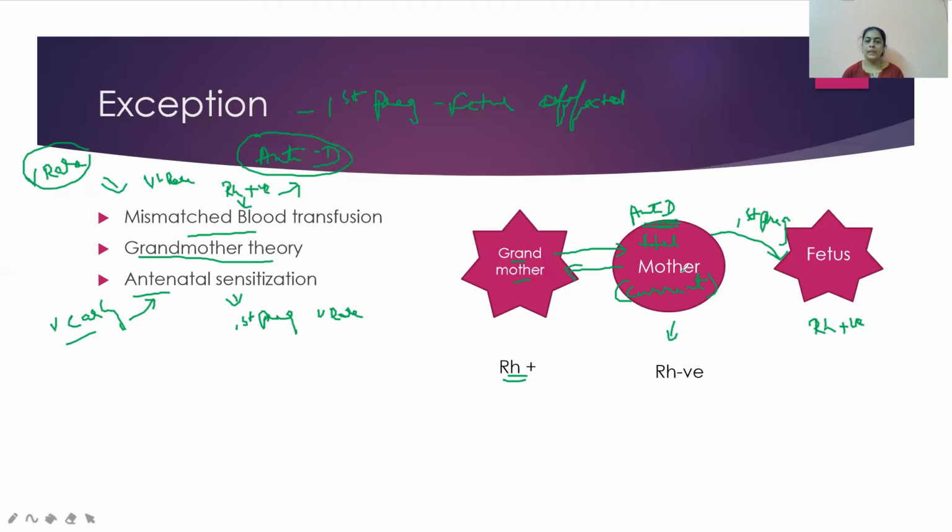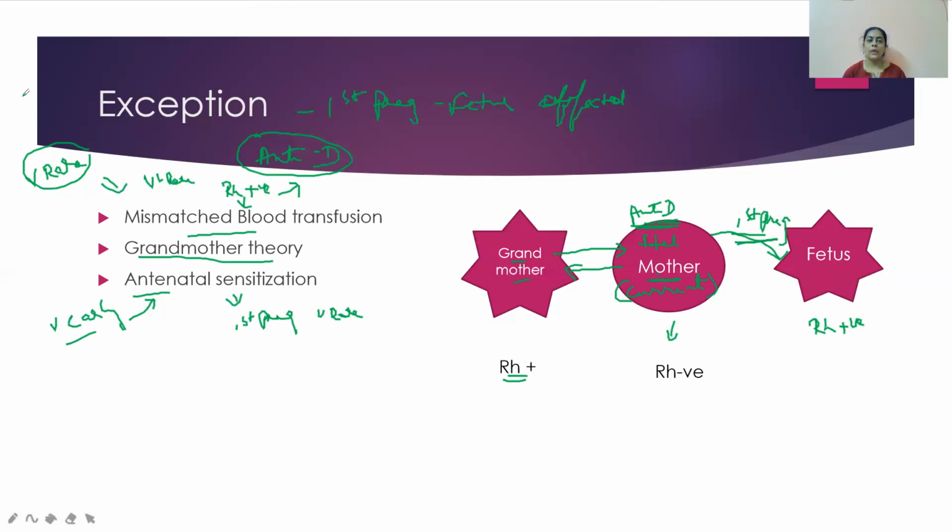Fine. The current mother, during her fetal life, if she was exposed to her mother's Rh positive cells, antibodies are formed already. So likely she is going to affect her fetus, the current fetus, in her first pregnancy only.